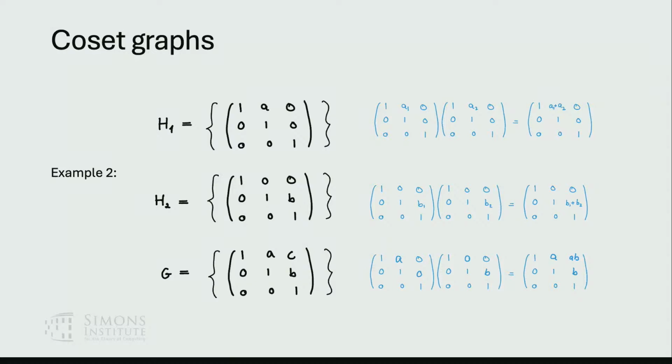The product here, if you multiply something with A and something with B, you get also A times B here. Okay, so the group that you get doesn't have size P squared, it actually has size P to the 3. So that's what these groups are.